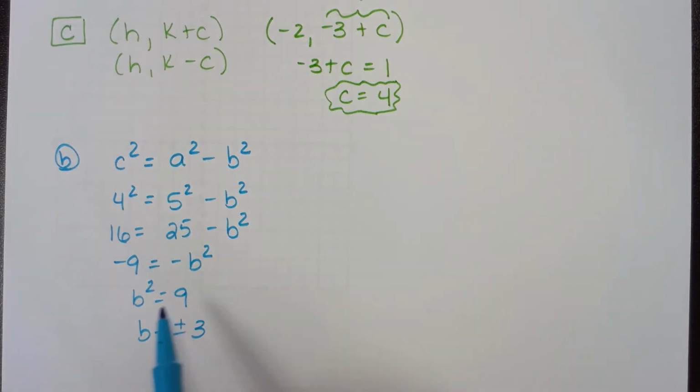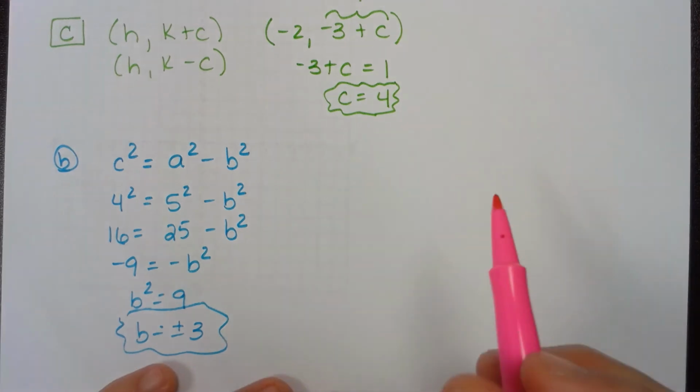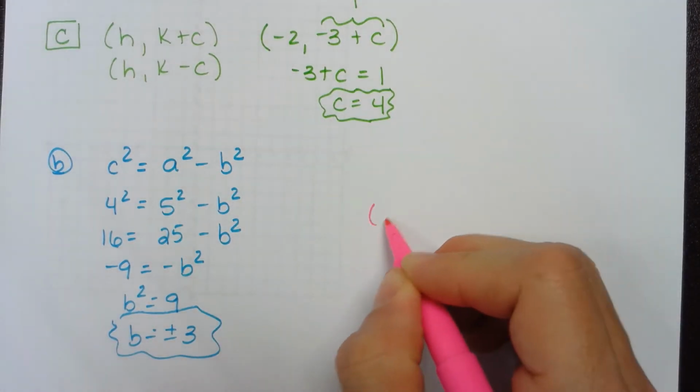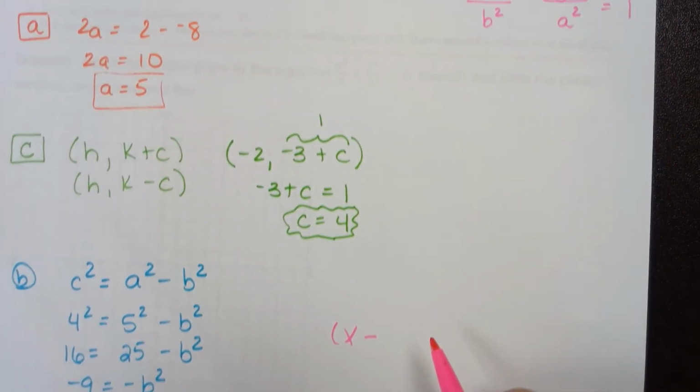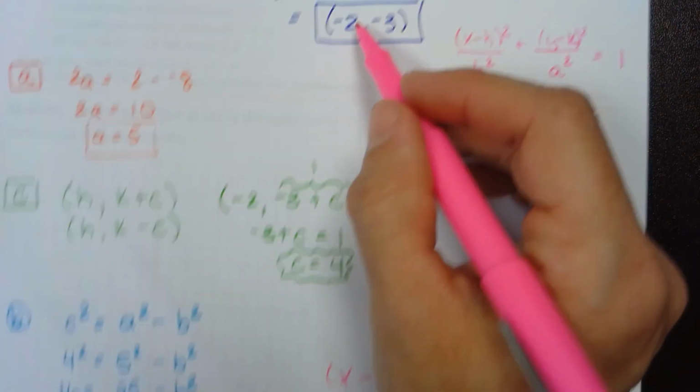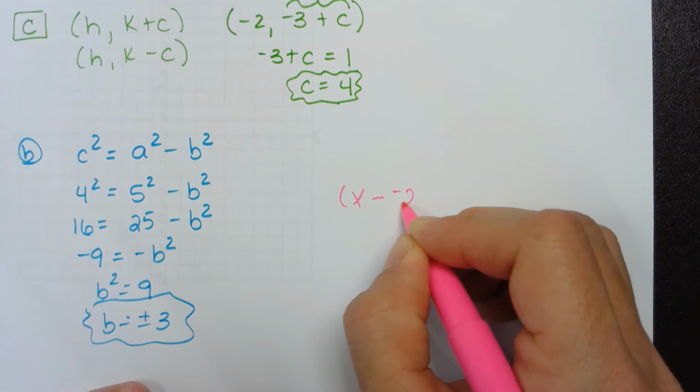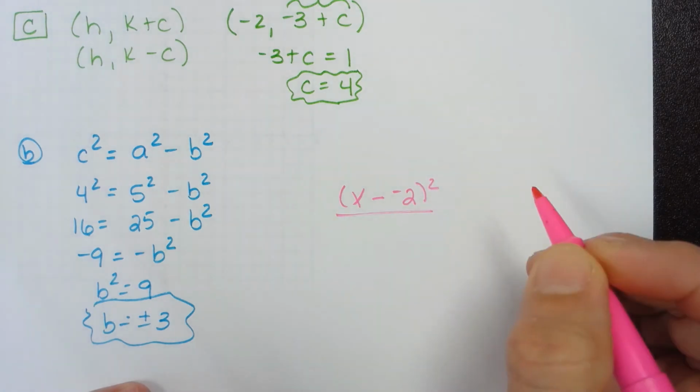Can we put everything into our formula at this point? It's (x minus h), so x minus our center, -2, (x minus h) squared over b squared, b was 3, right?